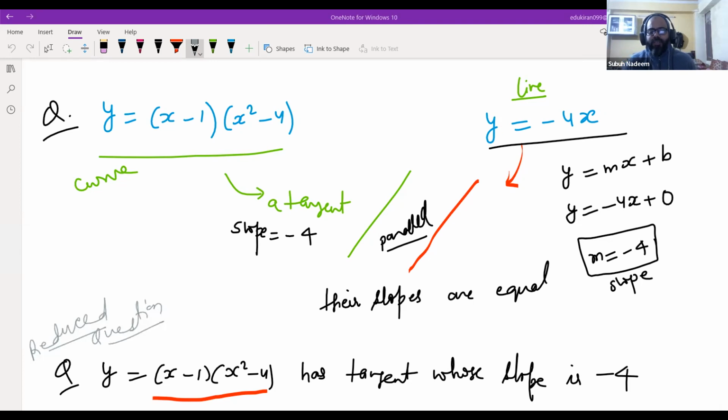Nothing is there, so it is 0. So should I do product rule here now? Yeah, you have to do product rule here.